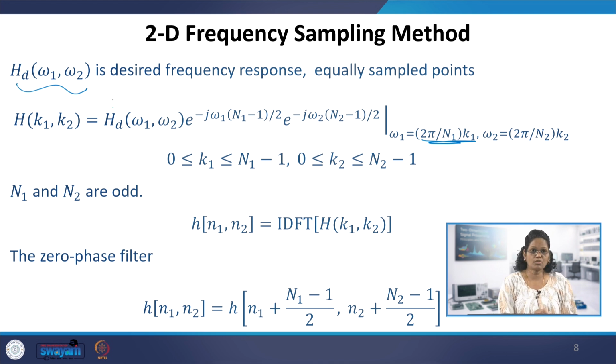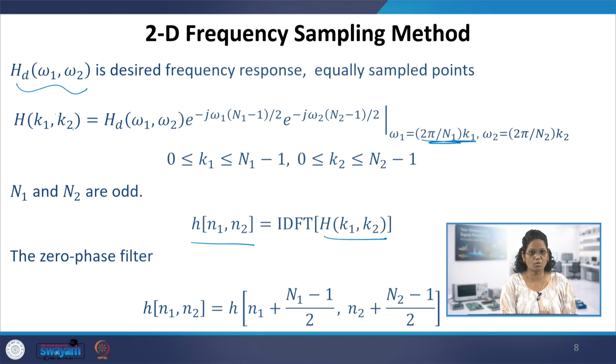If we take the inverse Fourier transform, that is the IDFT of H of k1 comma k2, it results in h of n1 comma n2. Actually speaking, H of k1 comma k2 is an approximation of the desired one. So what we design here is not exactly the ideal response HD, but we get an approximate or actual response.